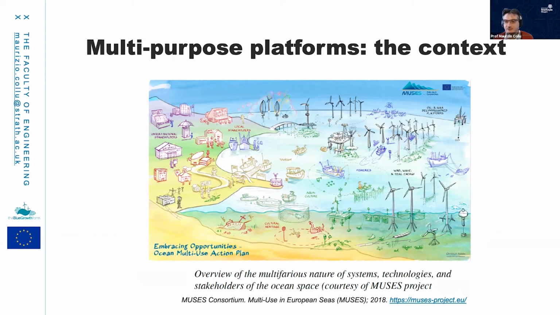There are many stakeholders, and more and more by the day, that are moving into the offshore environment for different reasons. And the question is, do we need to go alone? Should each industry by itself develop a platform from scratch, or can we find synergies whereby a platform can serve the purposes of more than one industry?